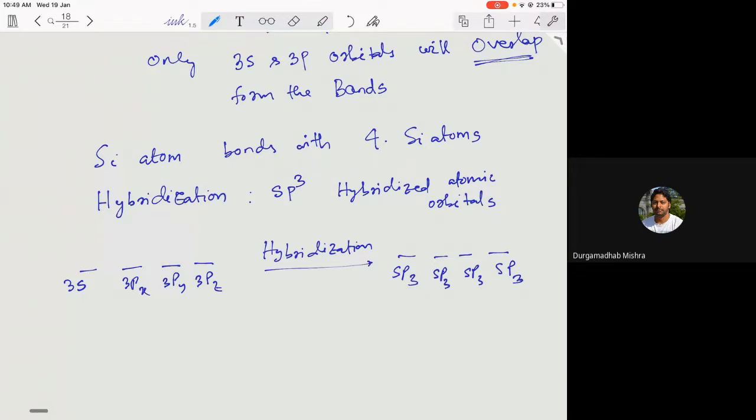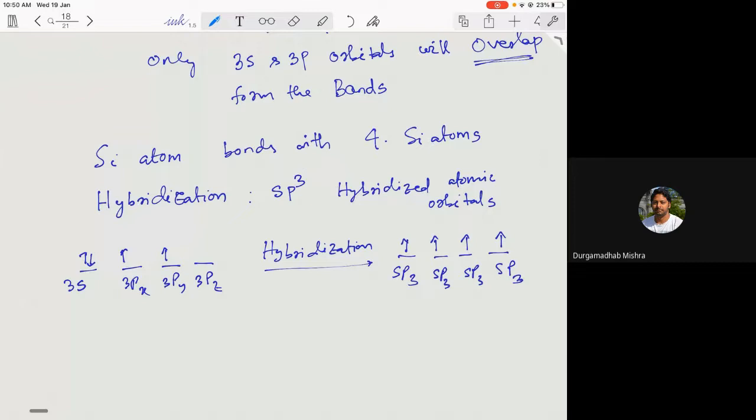The energy of these hybridized orbitals will be lower than the total energy of the 3s and 3p orbitals. So if you have 2 electrons here and 2 here, in the hybridized orbitals you will have these 4 hybridized atomic orbitals, each with 1 electron.